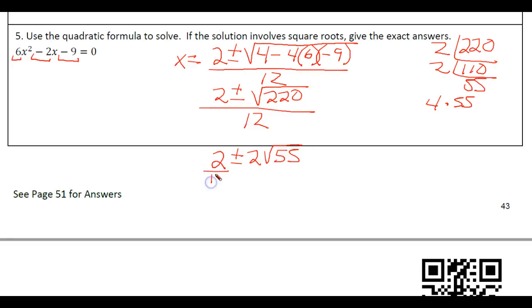And I'm going to put each of these over 12. So here, this is going to be a 1, this is a 6, this is a 1, this is a 6. So my final answer here is 1 plus or minus the square root of 55 over 6.